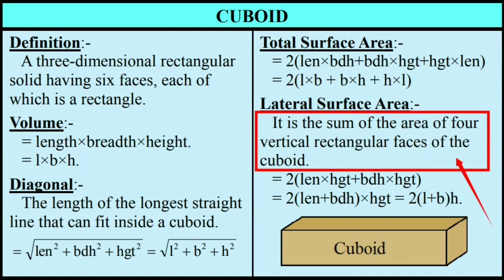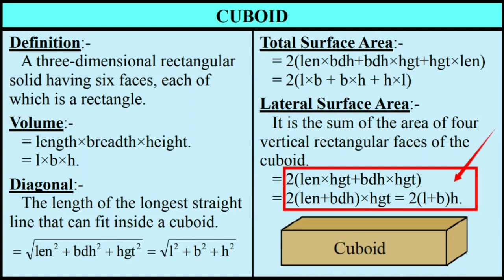The definition says it is the sum of the area of four vertical rectangular faces of the cuboid. It means out of all the faces of a cuboid, except bottom and top, it is the total surface area minus the area of bottom and top horizontal areas.